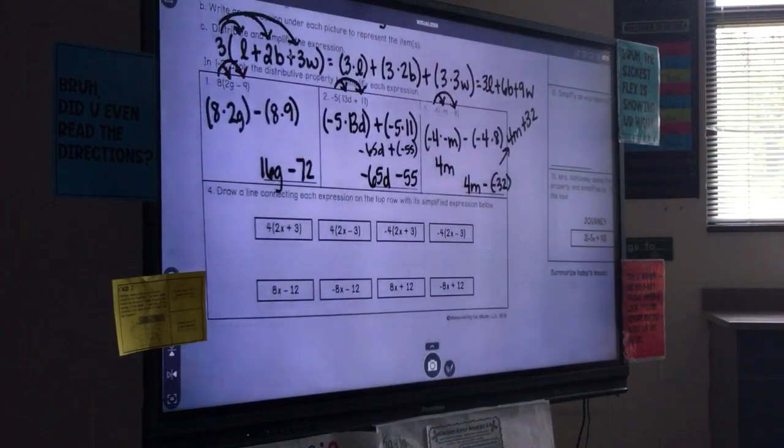All right, so let's go ahead and move on. The next one says draw a line connecting each expression on the top row with its simplified expression on the bottom row. So you are doing this with your shoulder partner, not your group members. Stand up when you are finished.